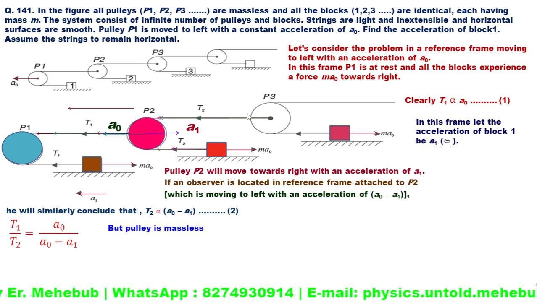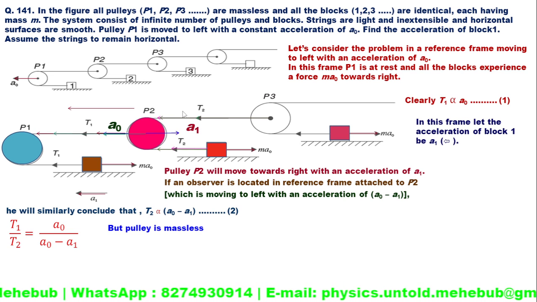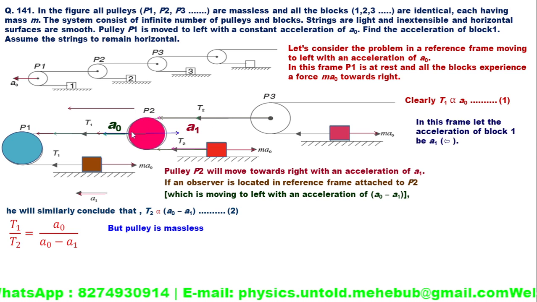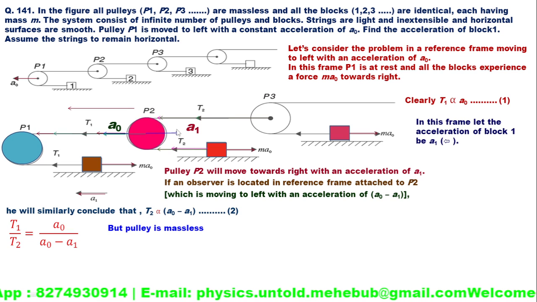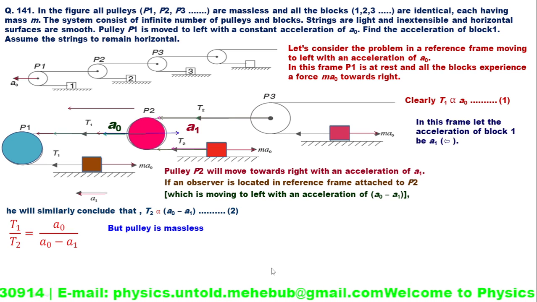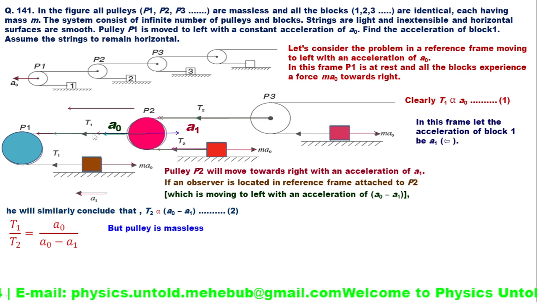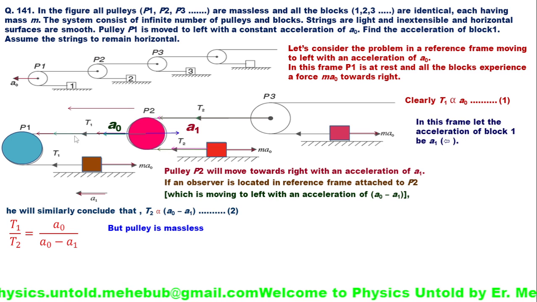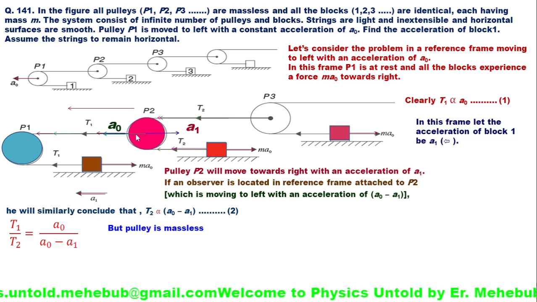So these two tensions are acting directly towards the left, on the pulley P2. And again the pulley P2 is connected with a string which is passing over the pulley P1 whose tension is T1.